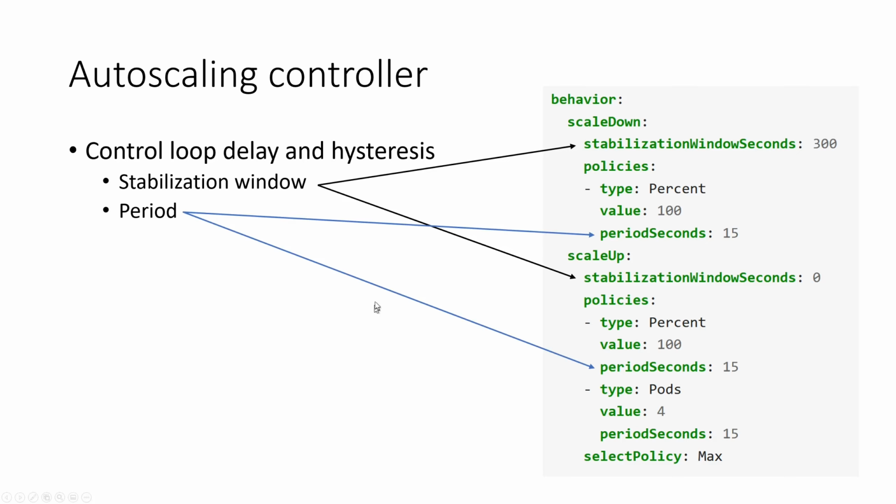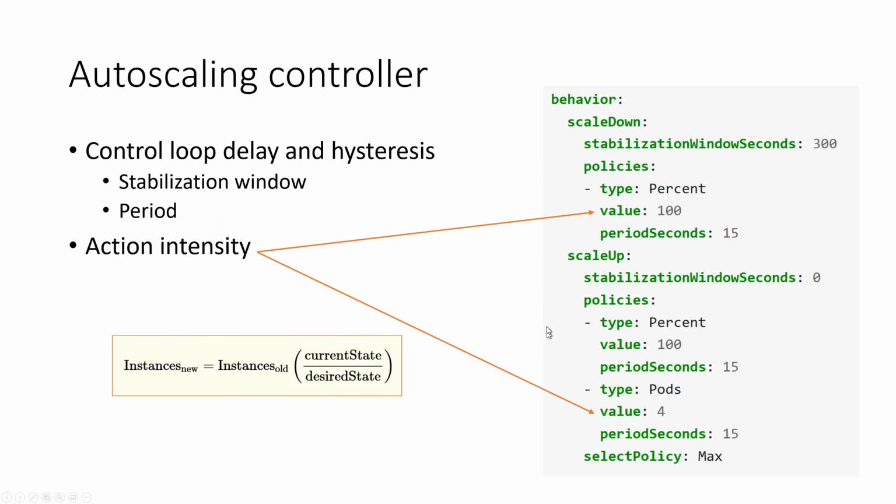There's also a period between consecutive changes to the number of instances. So when we're scaling down, we check whether we want to decrease the number of instances every 15 seconds. And the same thing when we are scaling up, we check whether we want to increase the number of instances every 15 seconds. And the autoscaler also has mechanisms to allow us to control the intensity of the action that it takes.